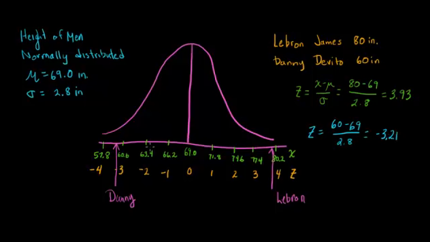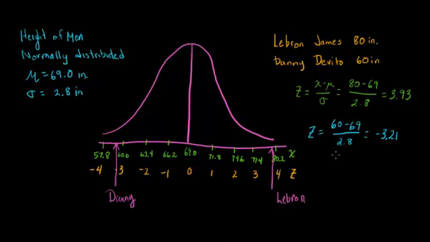So we said he's more than 3 standard deviations below the mean, just a little bit past that at negative 3.21. Okay, so this is what we're going to want to do when we have a data set that does not have a mean of 0 and a standard deviation of 1. In fact, those are extremely rare. This is usually what we'll need to do, is to convert to z-scores.